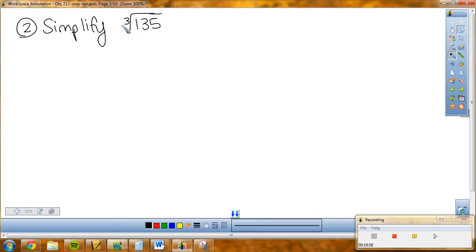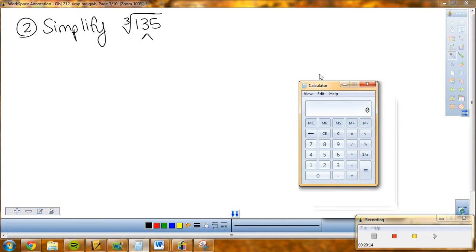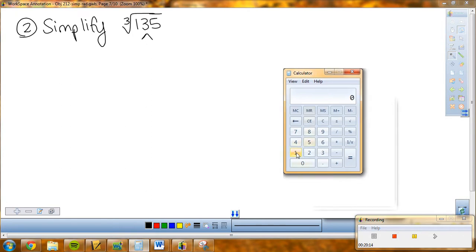I want to find the third root of 135. So my first step, I need to prime factor. Well, I don't really know the factors of 135 that well, so I use my calculator. I'll type 135 divided by 2, and I get a decimal, so that's not going to work. Alright, then I can do 135 divided by 3.